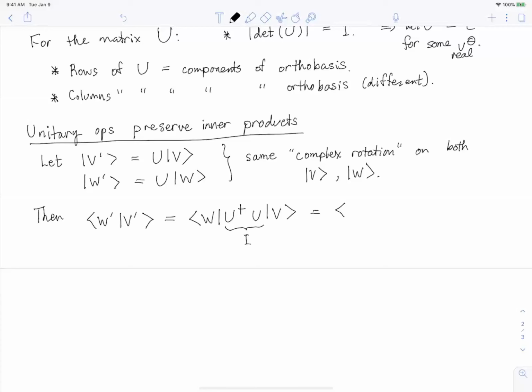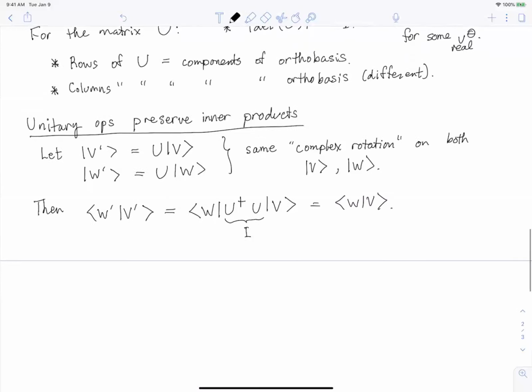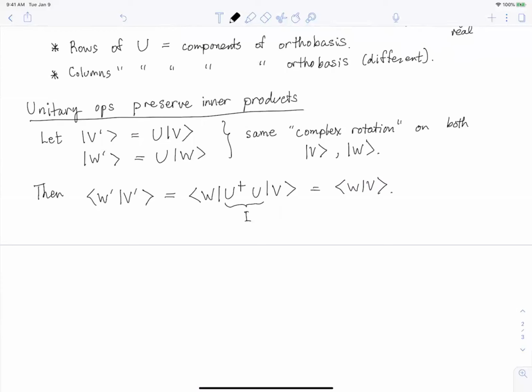This is equal to WV. The moral of the story is I do a unitary rotation or a complex rotation on both of my kets, and whatever their inner product was before, namely this, it's the same thing as afterwards, namely that.